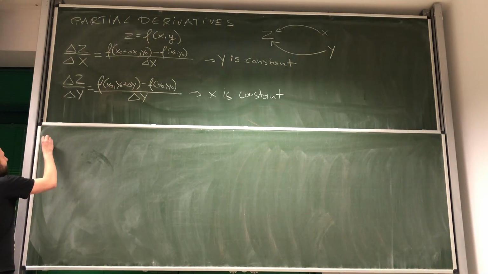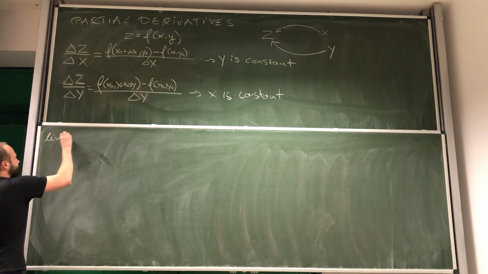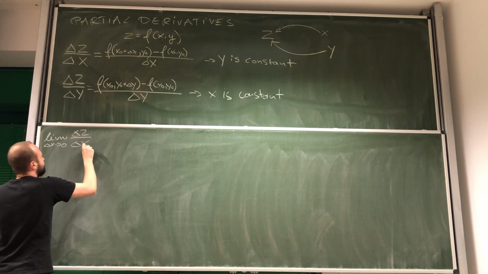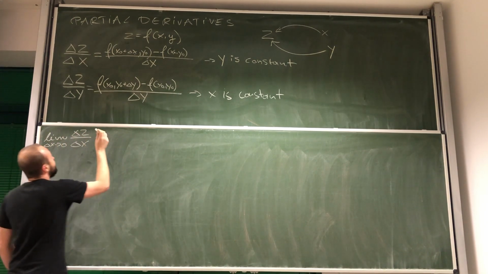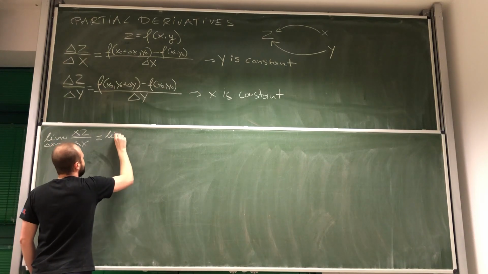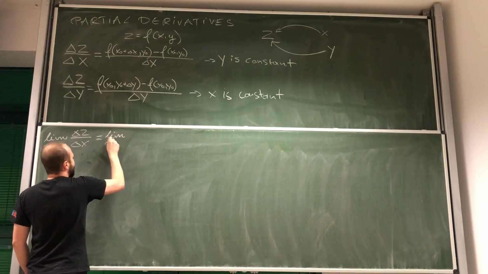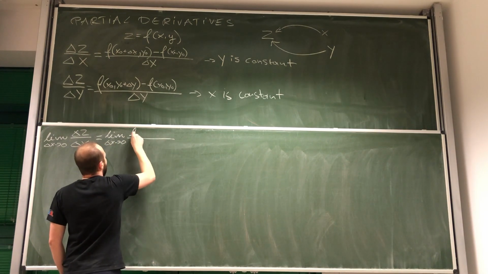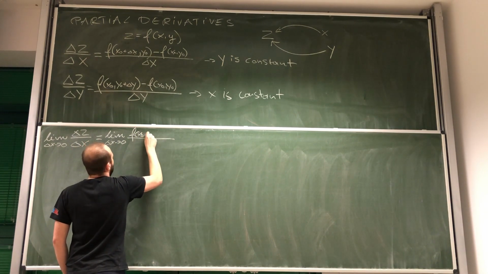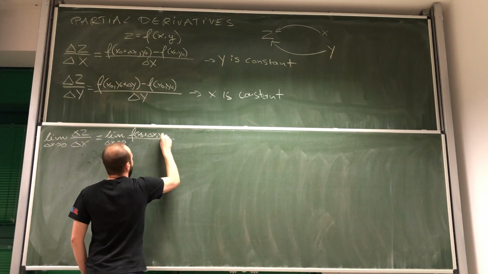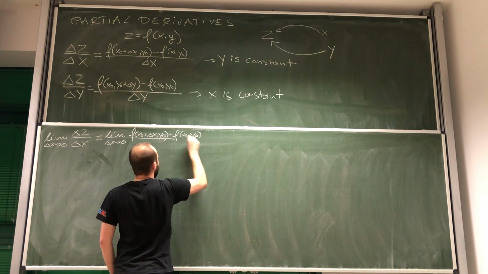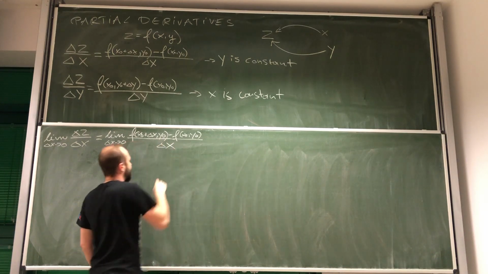So if I'm going to calculate the limit with delta x approaching 0 of delta z over delta x, I'm calculating the limit with delta x approaching 0 of f of x0 plus delta x, y0 minus f of x0, y0 over delta x.